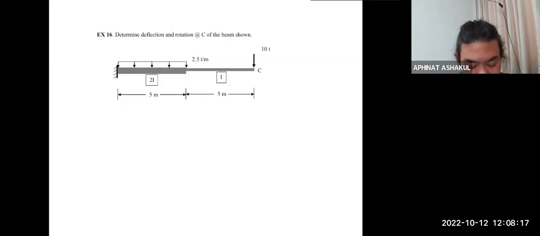But in this case, we have inconsistent loading conditions anyway. And here, I'll give you a minute or two to think about what you must do to obtain deflection and rotation at C.